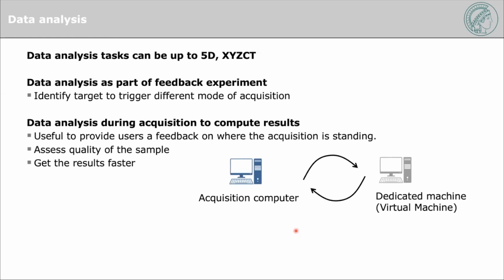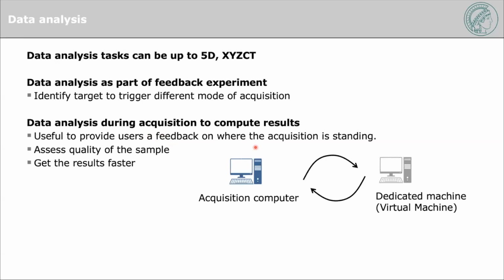It can be something that I rarely do, but I think would be really useful, because when you start creating particularly large data sets, depending on the microscope system you have, so a spinning disk or a light sheet microscope that creates a lot of data very quickly, then it would be nice to provide also some feedback to the users on where we are standing, and save time.